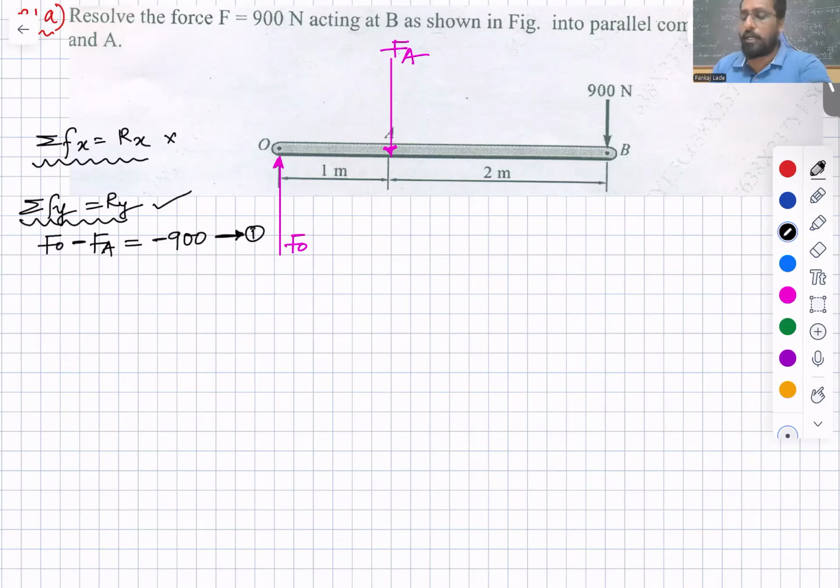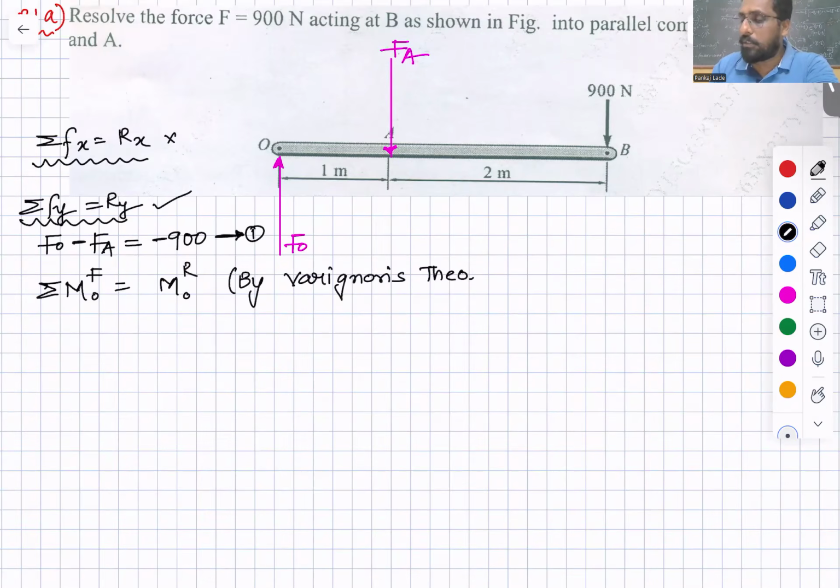And now the third one would be the moment of all the forces about a certain point. The moment of all the forces about a certain point must be equal to the moment of the resultant force about the same point. That's Varignon's theorem. Summation of moment of all the forces about the point, let's say O in this case.